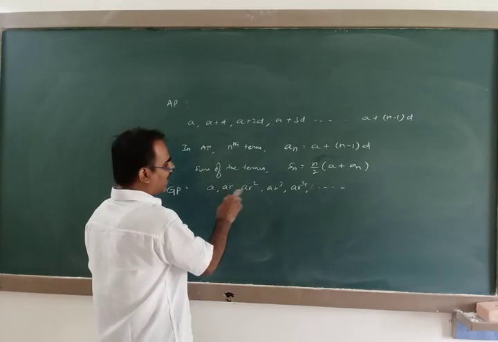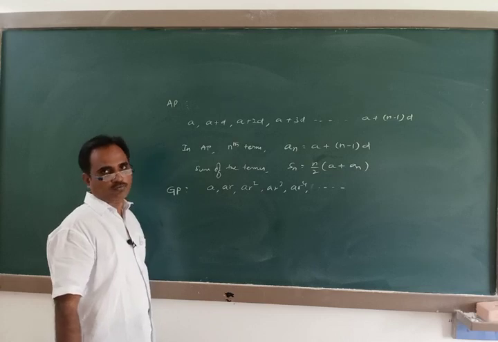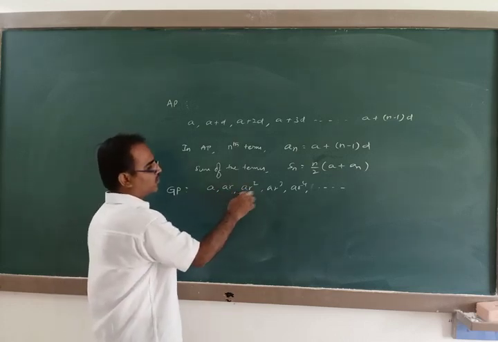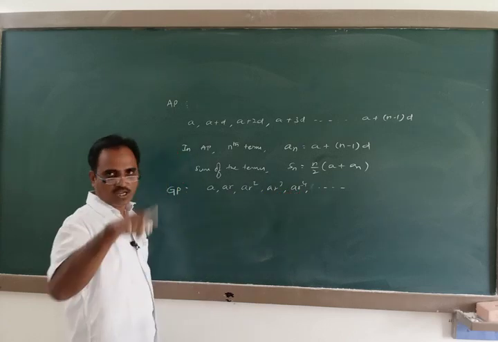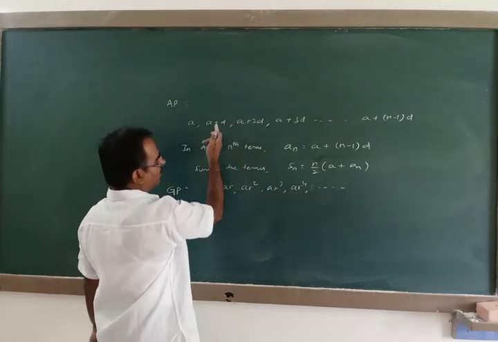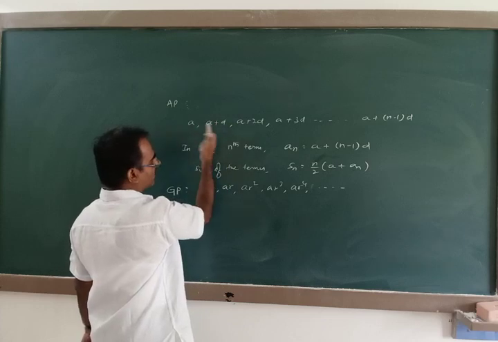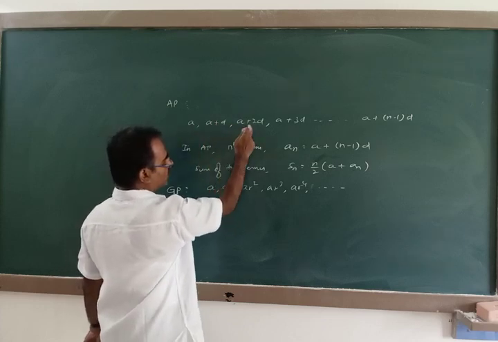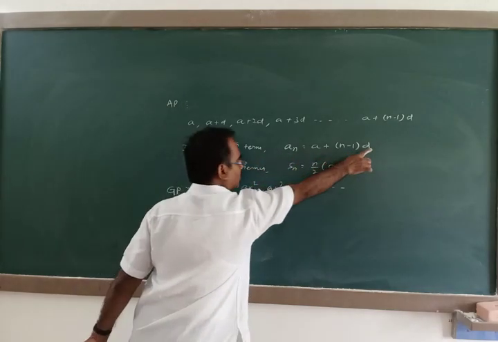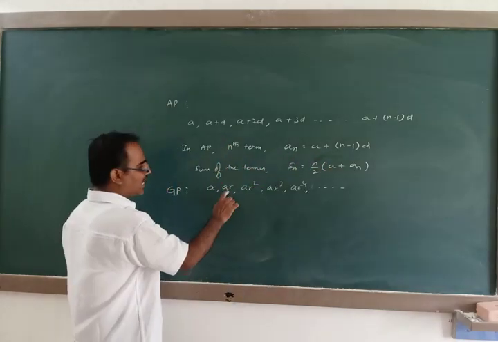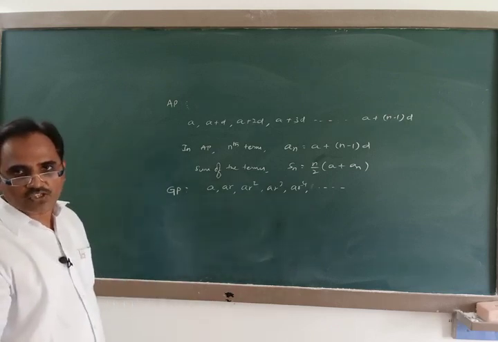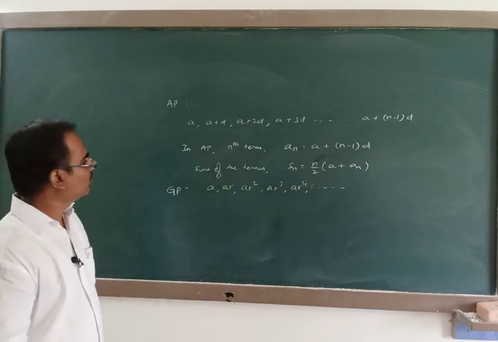And here this R is called the common ratio. If I find the ratio of these two terms, these two terms, these two terms, it is the same, which is R. As we say this is the common difference, because if I subtract this term from this, this term from this, you get D. That's why it is called common difference. In the same way, this R is called the common ratio.